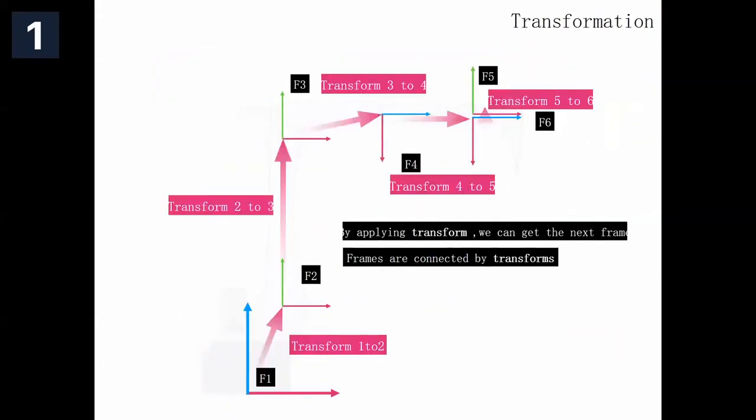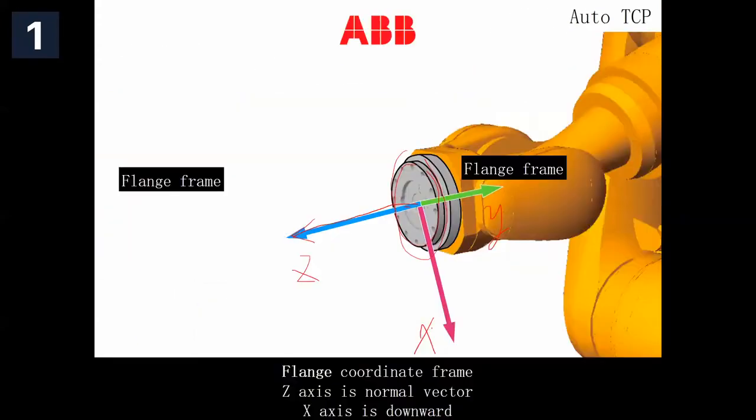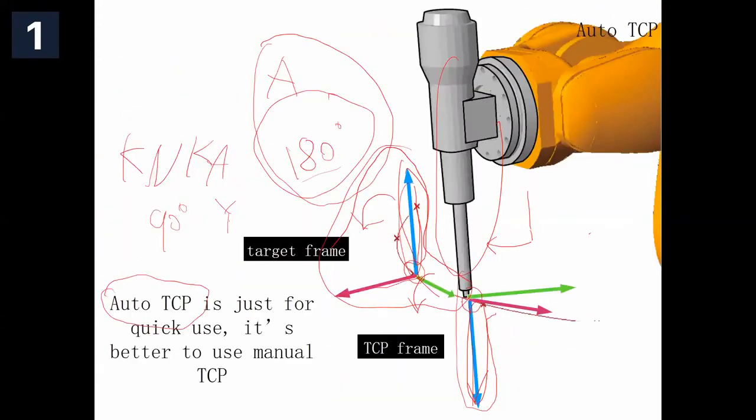But this is not always a good thing. It's better to use manual TCP, because in manual TCP you can see exactly what kind of TCP you really use.